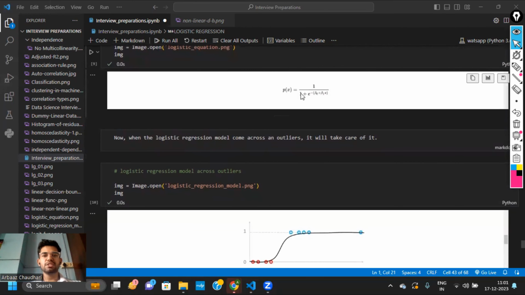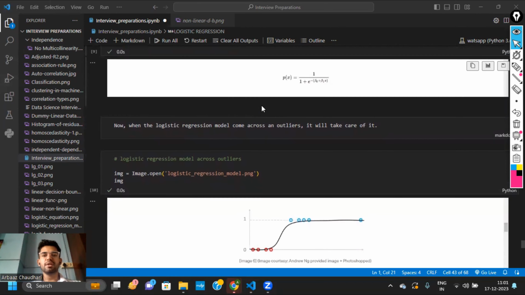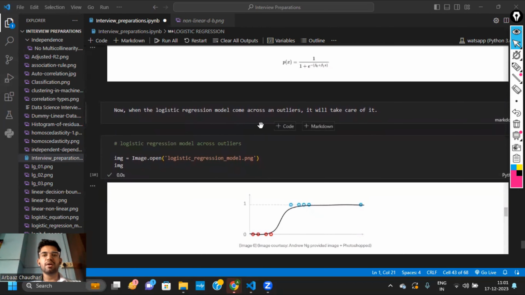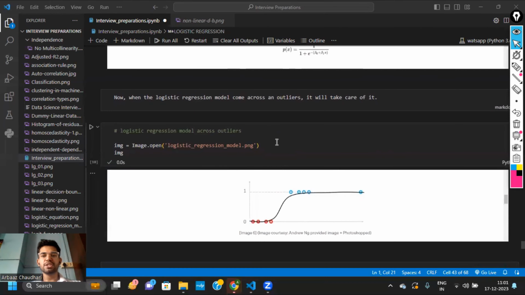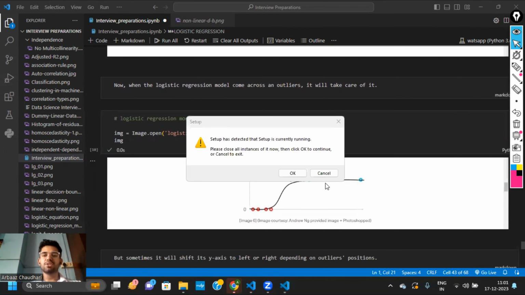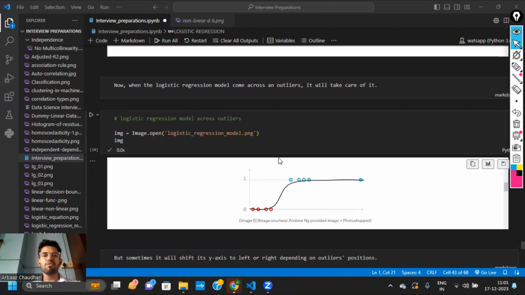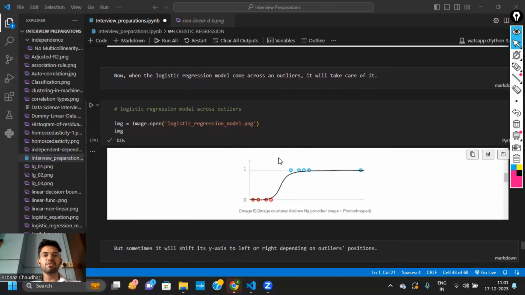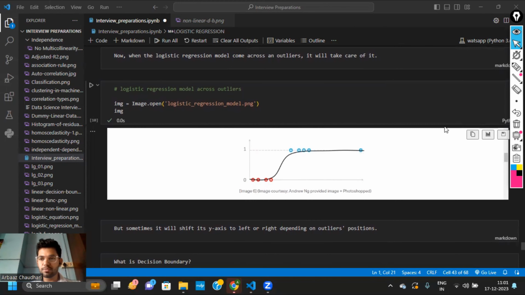With the help of this sigmoid function, it takes the outlier also into consideration, and it classifies outliers correctly with the help of this model, which is logistic regression. As you can see over here, this is our outlier.